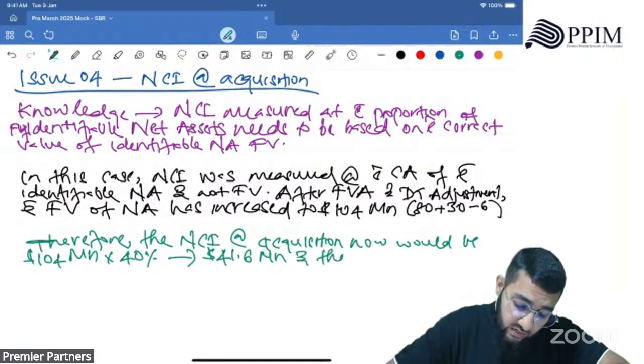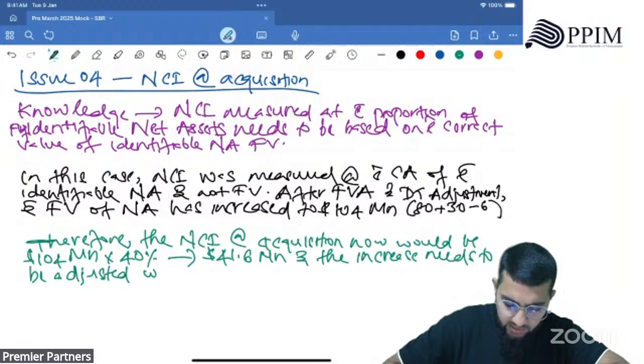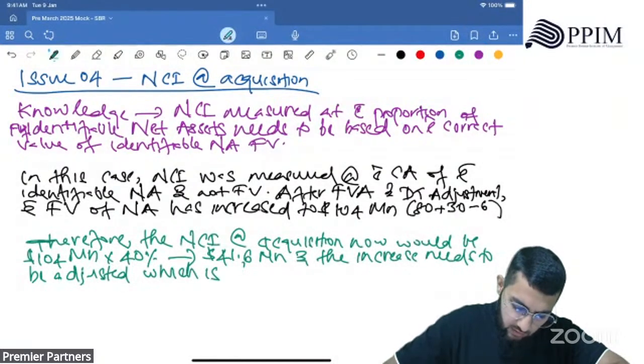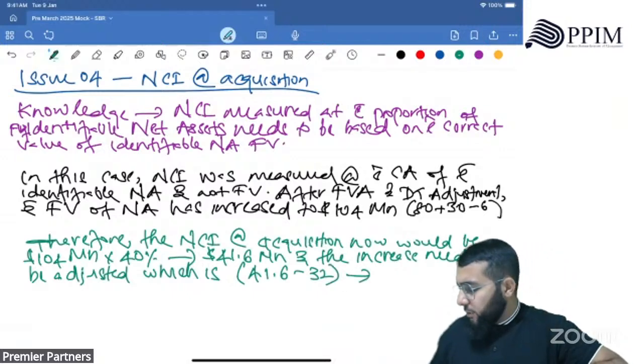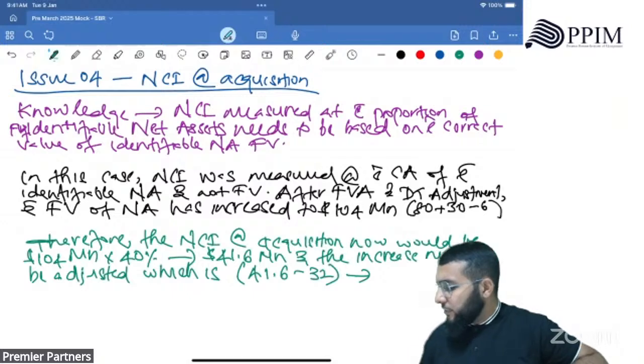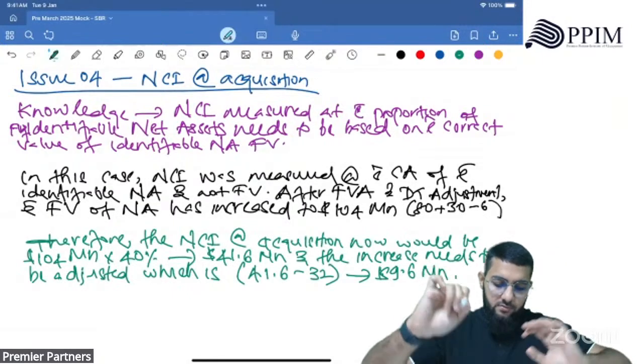And the increase needs to be adjusted, which is 41.6 minus 32, which is 9.6 million. All right. That's issue number 4.